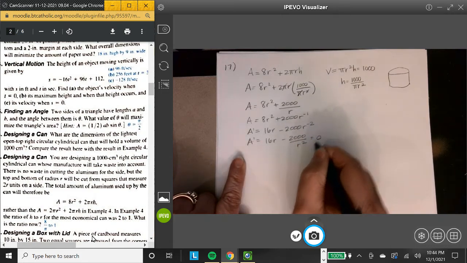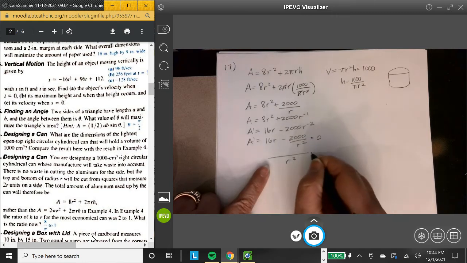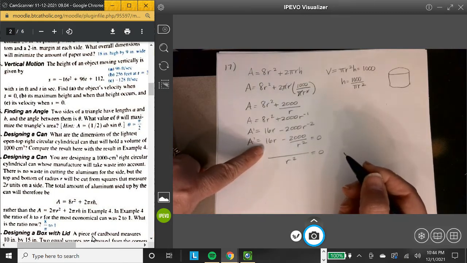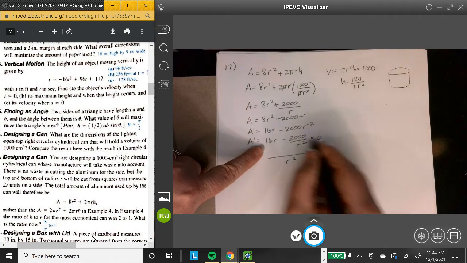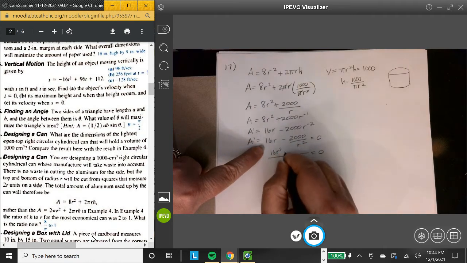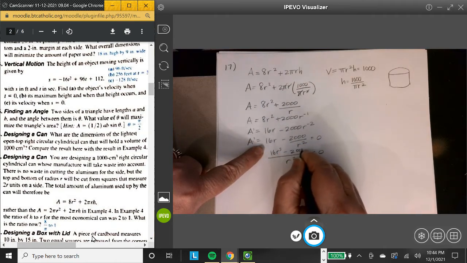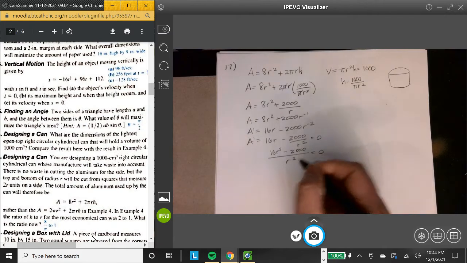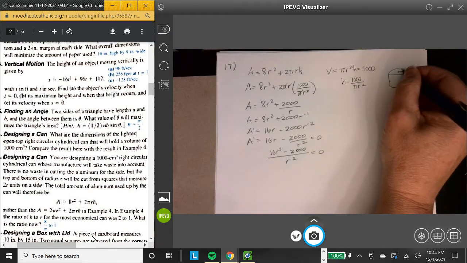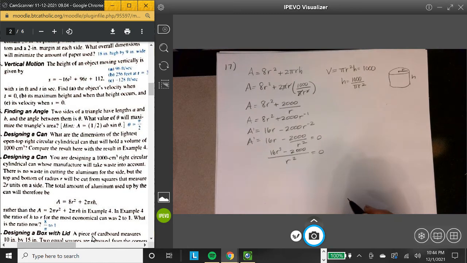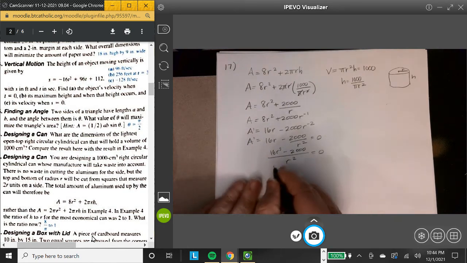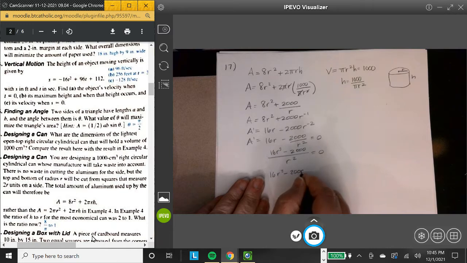Got to set it equal to 0, finding a common denominator, which is R squared. I multiply 16R by R squared over R squared to get 16R cubed minus 2,000. And if R is 0, guess what, folks? Do we have a can? The answer is no. So I'm going to set the numerator equal to 0. 16R cubed minus 2,000 equals 0. 16R cubed equals 2,000.